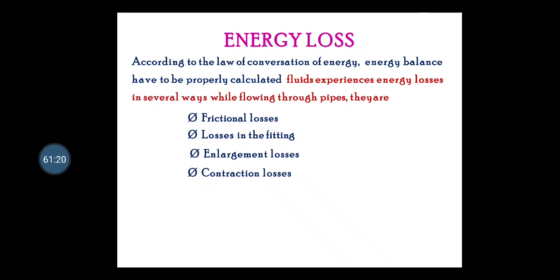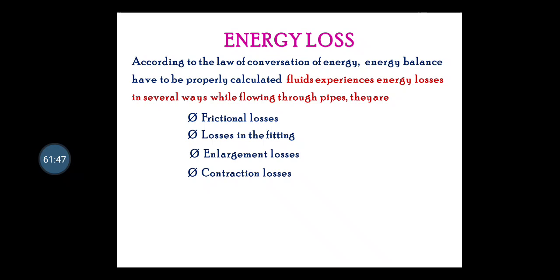Next is contraction loss. When the cross section is reduced suddenly, the loss of energy is related to the vena contracta, that is, the sudden contraction. The equation is delta HC equals K into u squared upon 2gc.